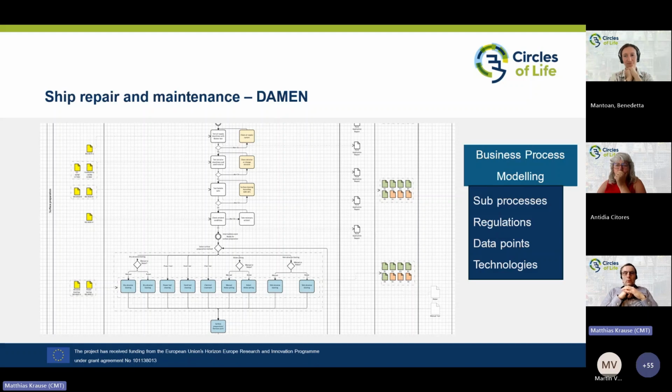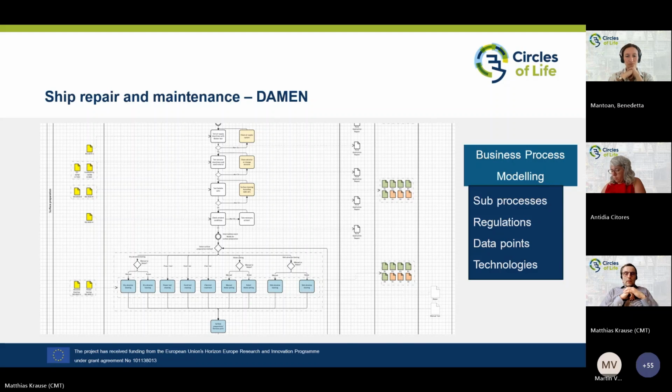And at this level, we are doing business process modeling in order to document the various information, for instance, the sequence of sub-processes, the regulations which are applicable when doing the process, and the technologies applied. On the bottom, you see a number of processes in parallel, or sub-processes in parallel.